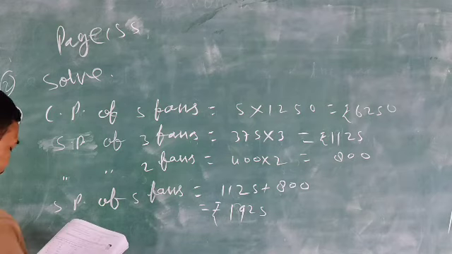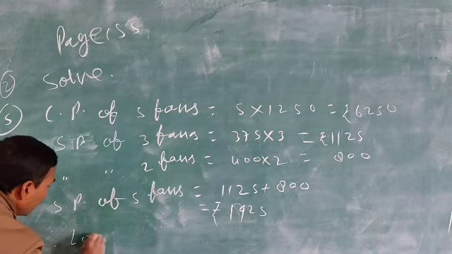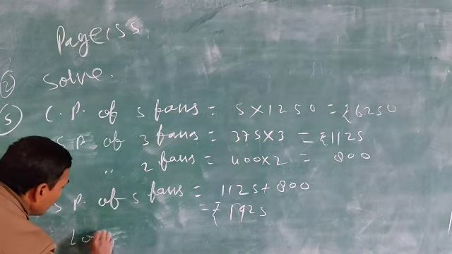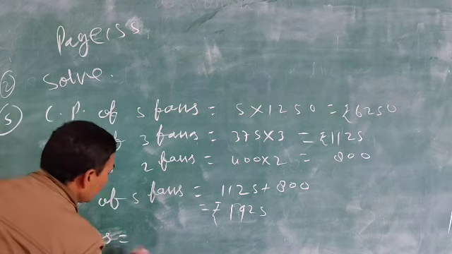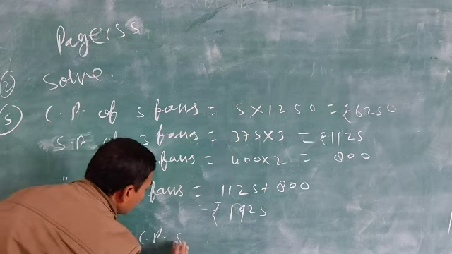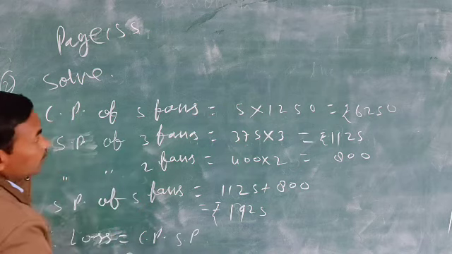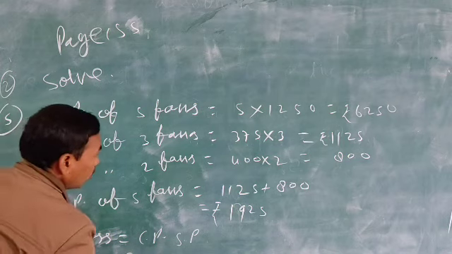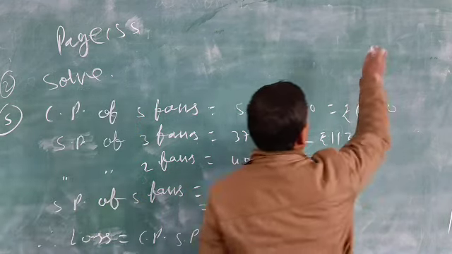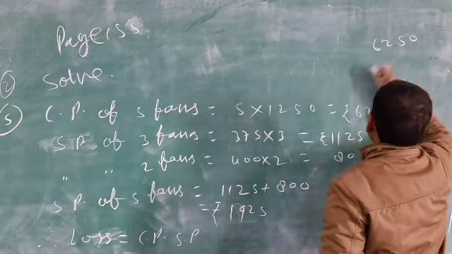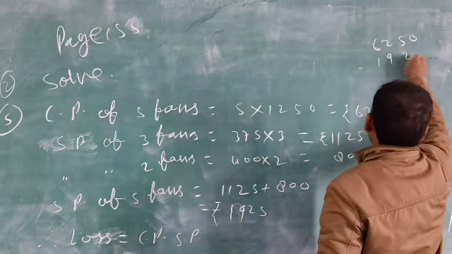Hence the loss, or amount of loss, is CP minus SP. Here CP is 6250, and you subtract 1925.